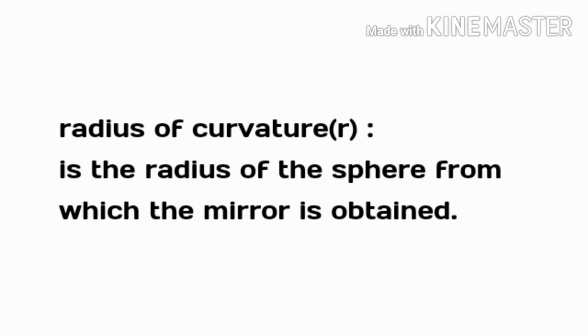A concave or convex mirror is formed from a sphere, and that sphere has a particular center, known as its center of curvature, and the radius of that sphere is known as its radius of curvature. In a simple way, it is the distance between the pole and the center of curvature. But the standard definition is the radius of the sphere from which that spherical mirror is formed.